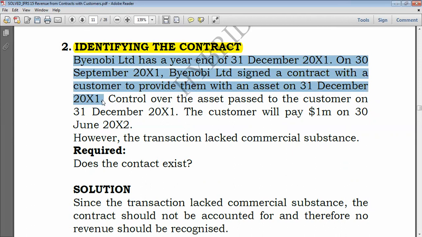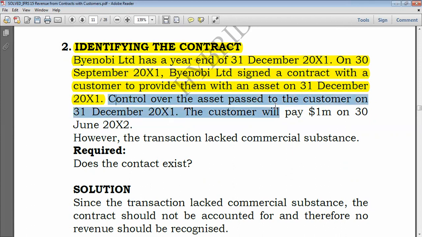So the contract was entered into. Control over the asset passed to the customer on 31st December 20x1. That means the control was passed, it was delivered. The customer will pay 1 million on 30 June 20x2. The customer hasn't paid yet, but control has been transferred.